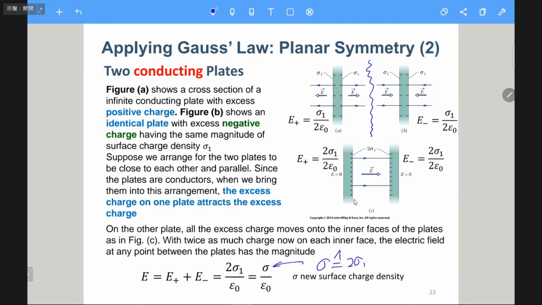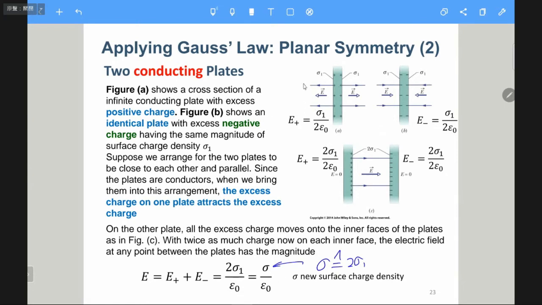Also, you can imagine that this is sigma over 2 epsilon naught. So if we just remove this part, for the inner part, we have E plus and E minus, so we have 2 times this term. It becomes this one and this one.